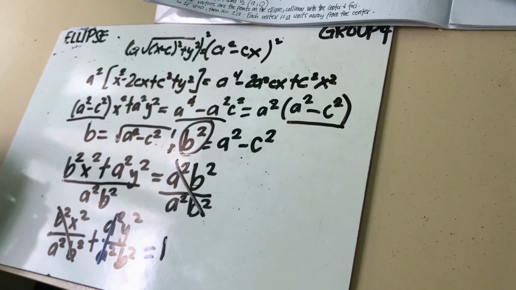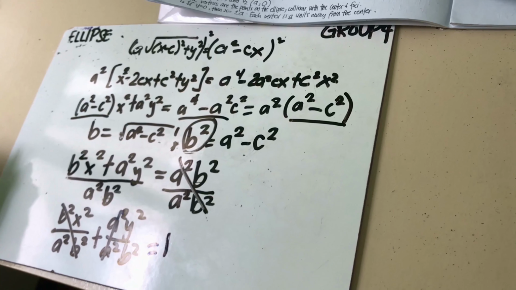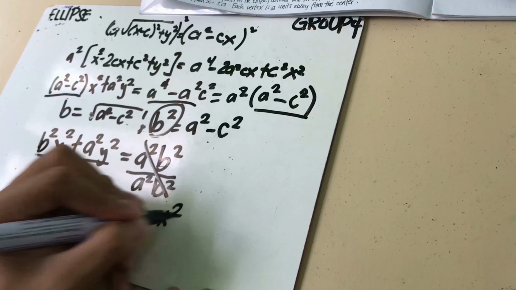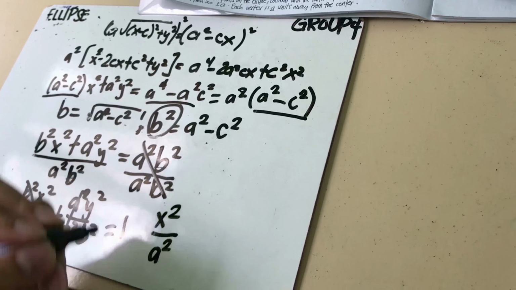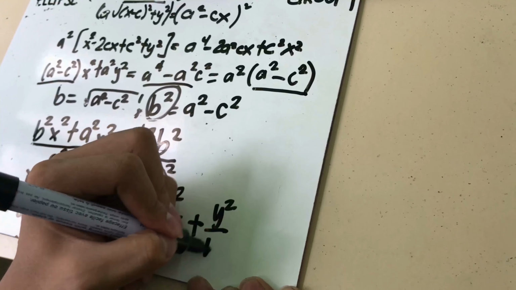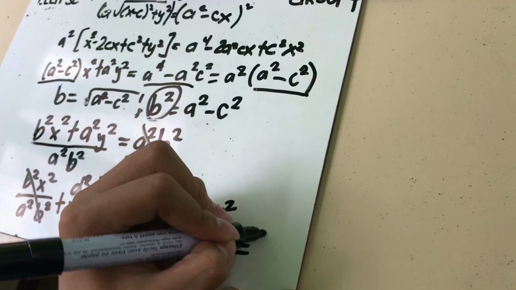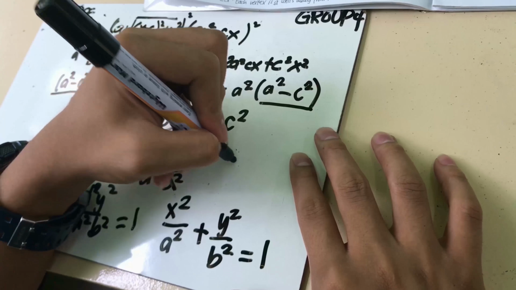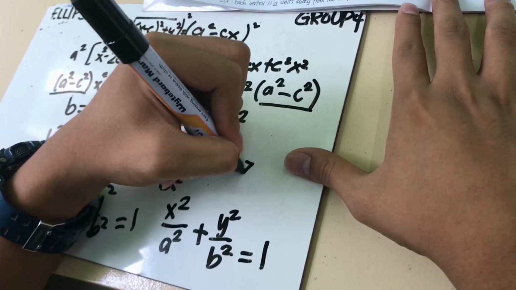So we have our final equation, which is x squared over a squared plus y squared over b squared equals 1, with an important note that a is greater than b.